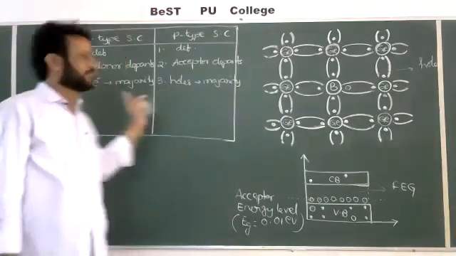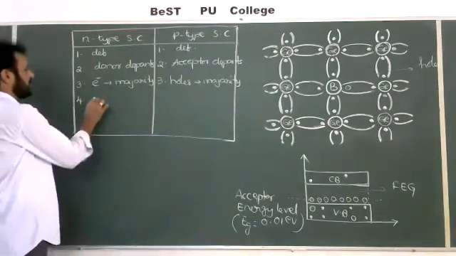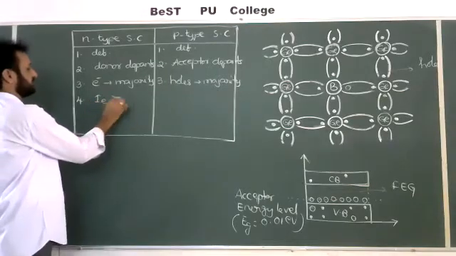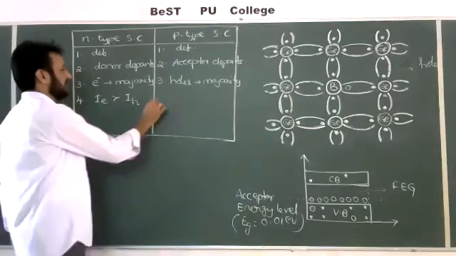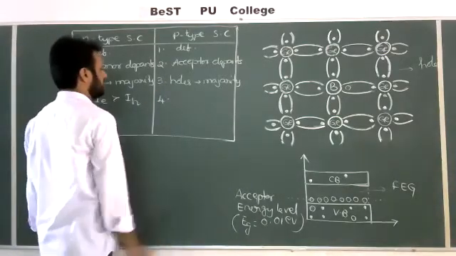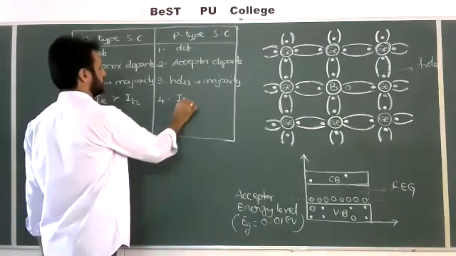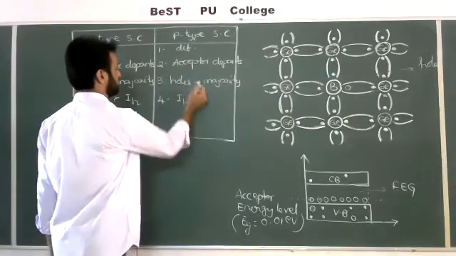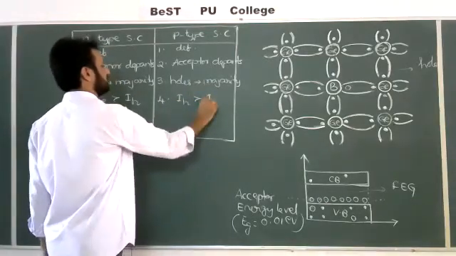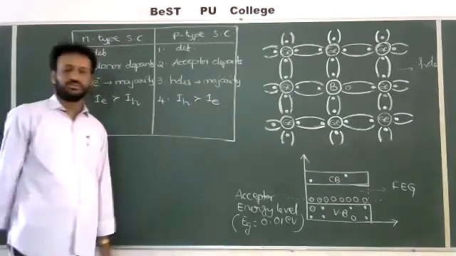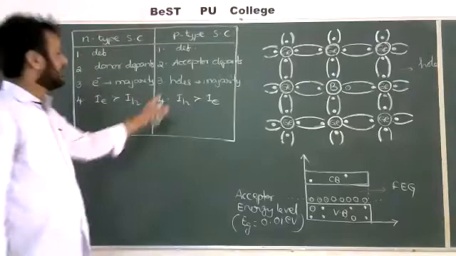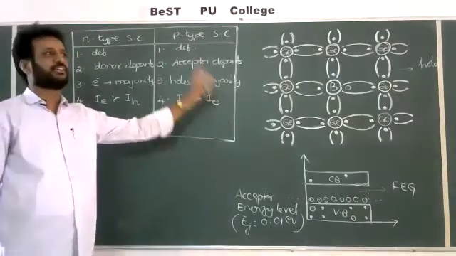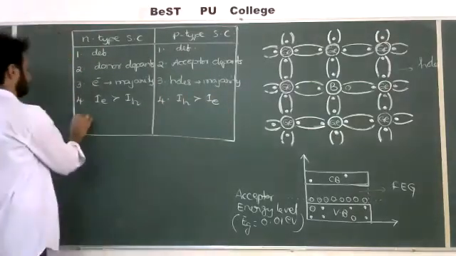And one more point: current due to electrons is greater than current due to holes. But on the right side, write the opposite: current due to holes is greater than current due to electrons.